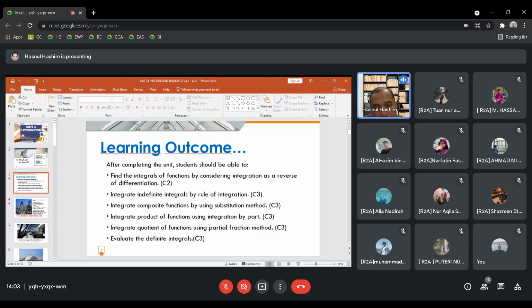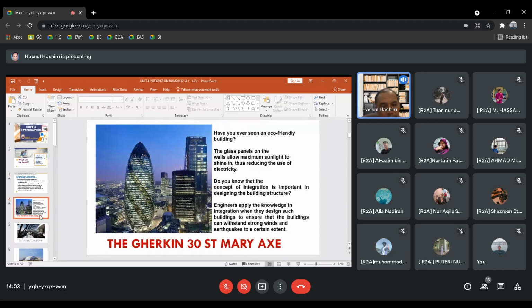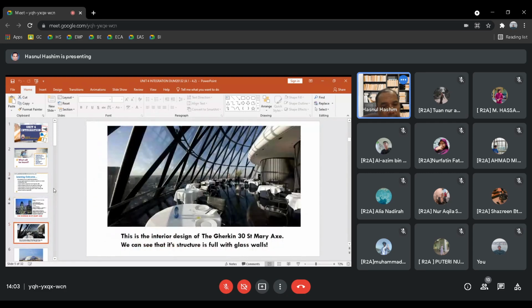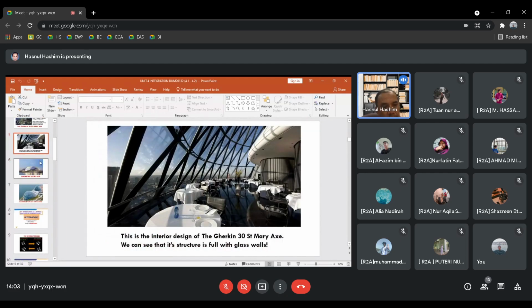Integrate product of function using integration by parts. Integrate quotient of functions using partial fraction method, and then evaluate the definite integrals. Okay, and then we look at the building here, all using the integral function to calculate the area.